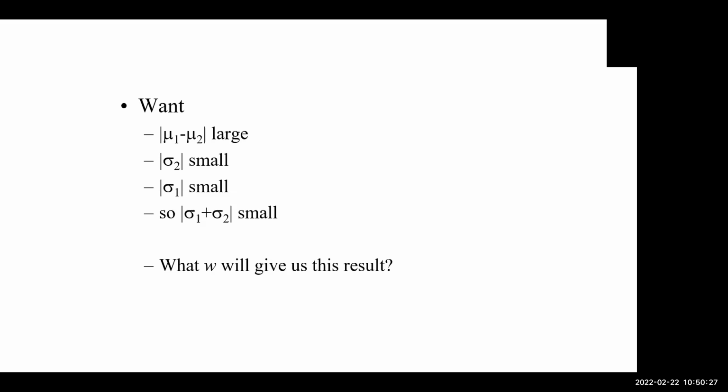And then we want to ask what vector W will allow us to achieve this. Is the question clear? We're starting to get into the math, but you can see where the math is taking us.